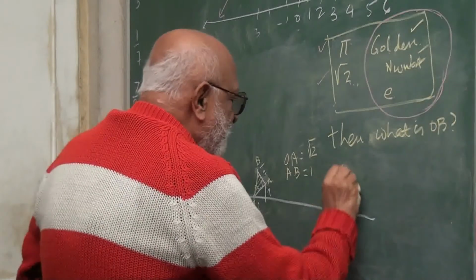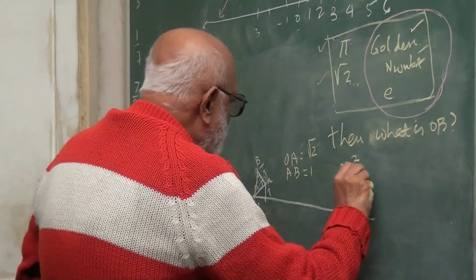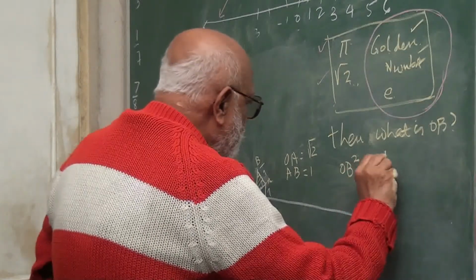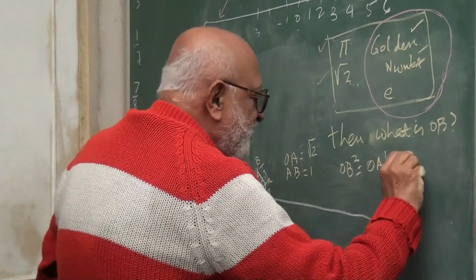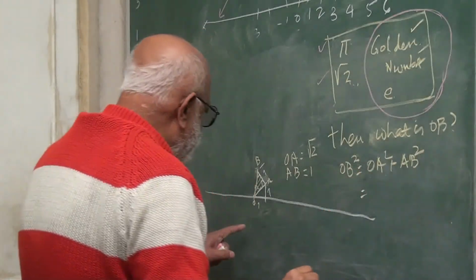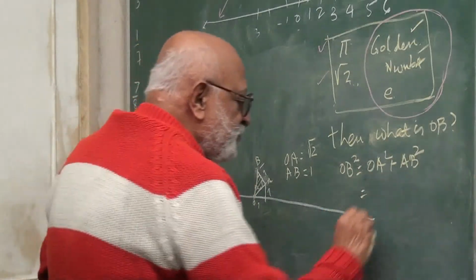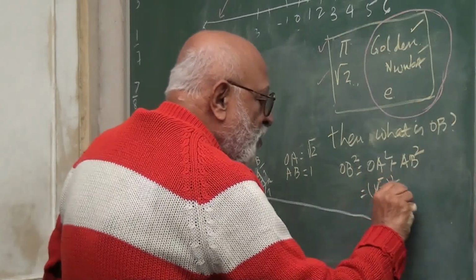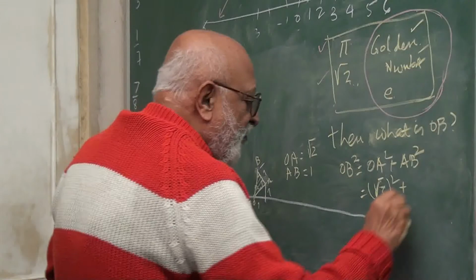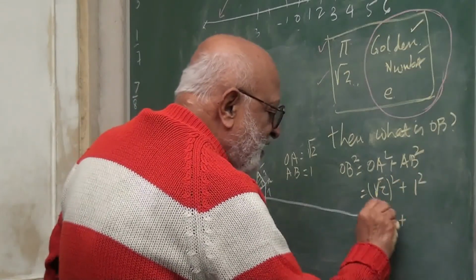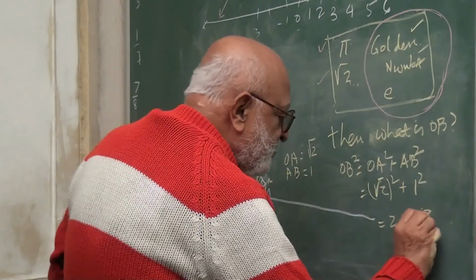OB square would be OA square plus AB square. OA square is root 2 square, and AB square is 1 square. So this is 2 plus 1, that is equal to 3.